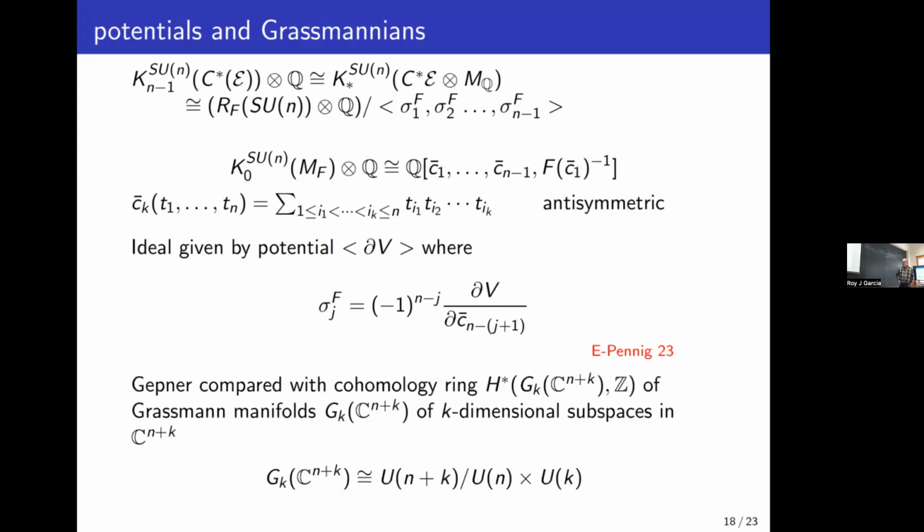Now, Gannon also compared the Verlinde ring computation with the cohomology ring for Grassmannians. But his comparison was by computing the two things separately and observing that they were essentially the same.